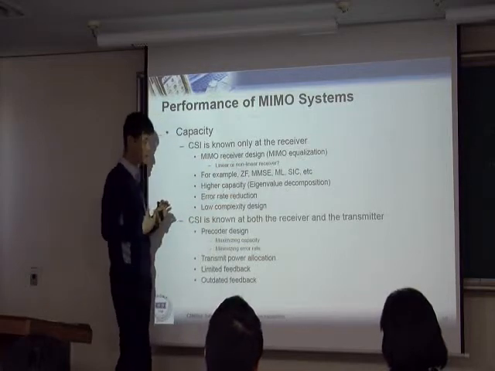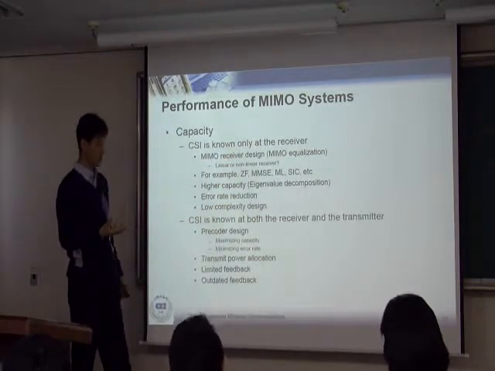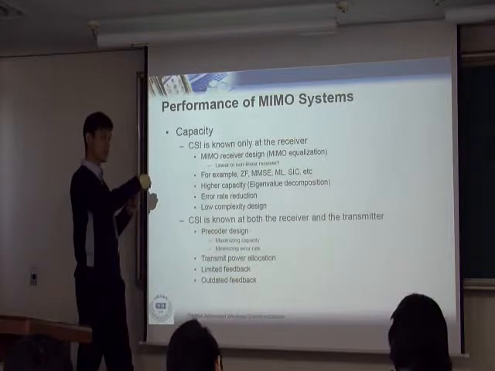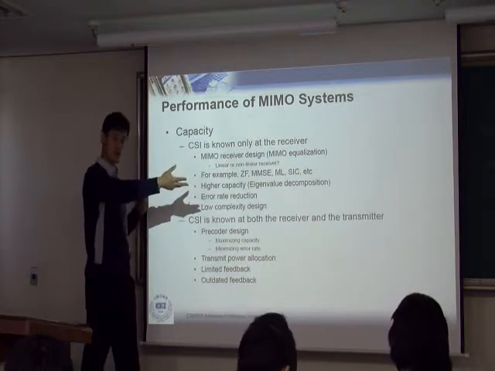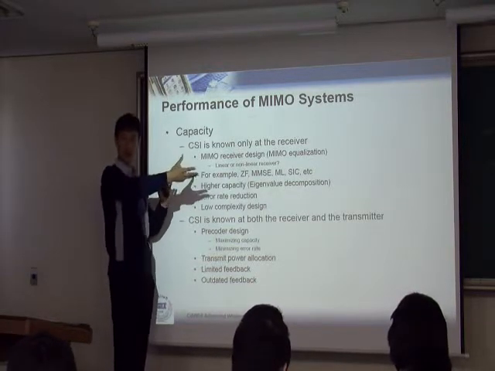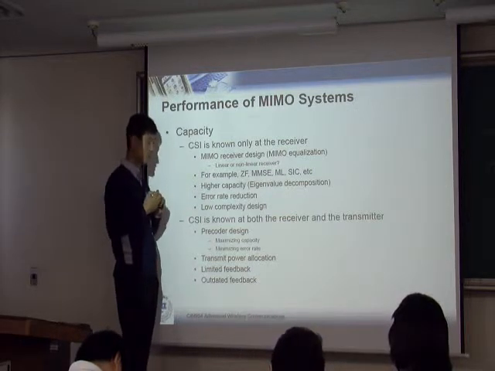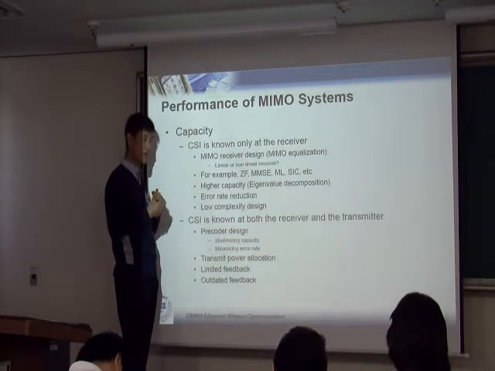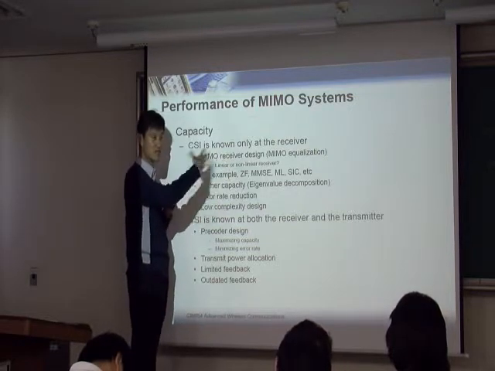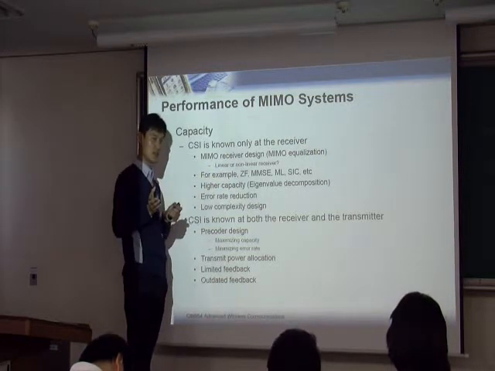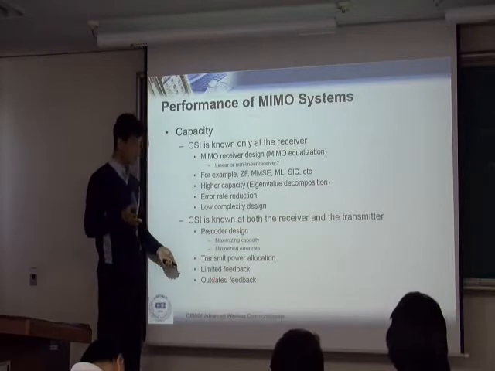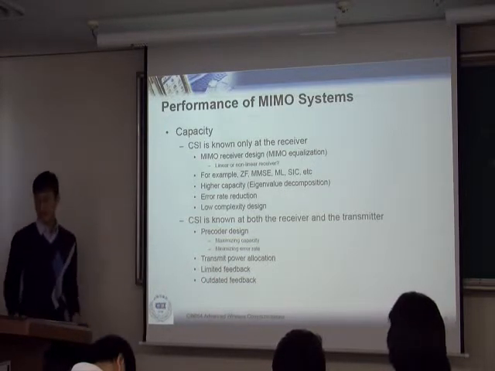It's one closed loop that needs a delay. So if the channel changes pretty fast, suppose we have fast fading, the transmitter now receives a CSI value, but by then the channel has already changed to something completely different, which means it's useless. That's outdated feedback. That's another type of study.